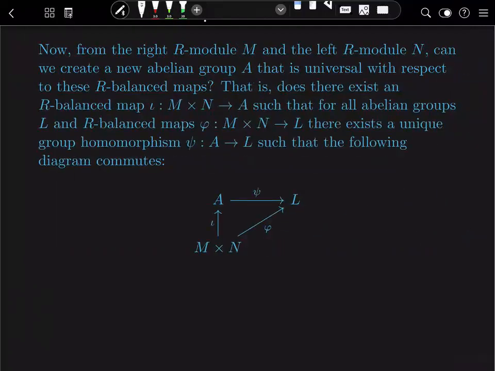That is, does there exist an R balanced map from the Cartesian product into some abelian group A, such that for all abelian groups L and all R balanced maps phi from the product into L, there exists a unique group homomorphism psi from A to L such that the following diagram commutes? So this is the goal here. These two are R balanced maps.